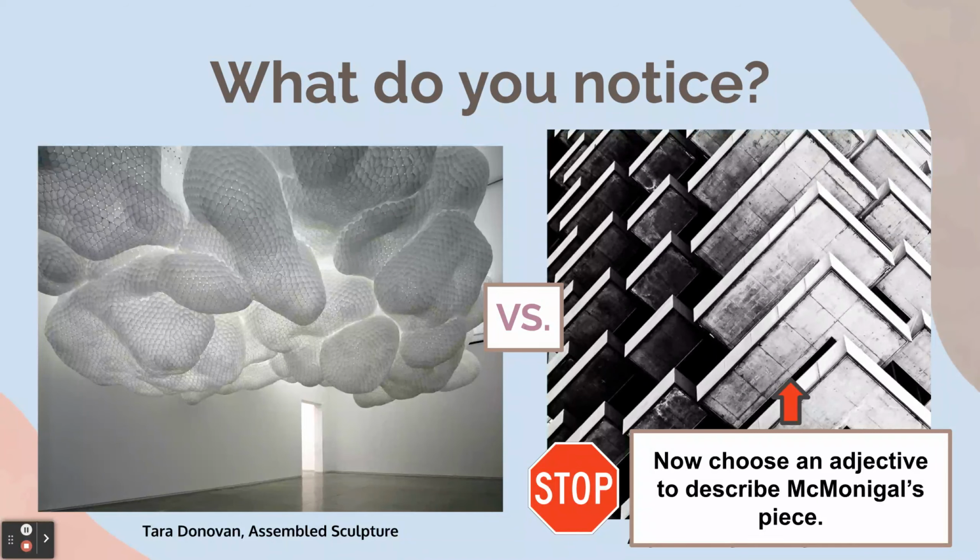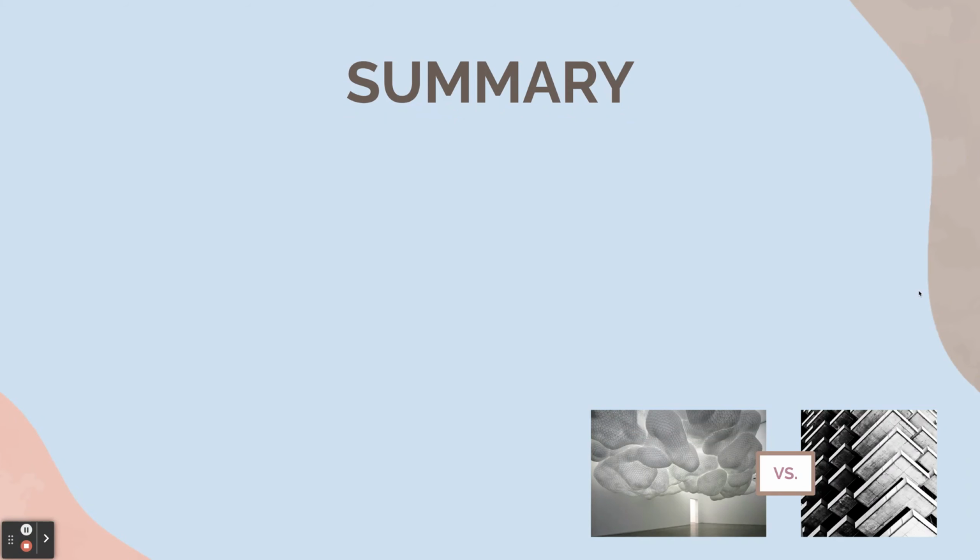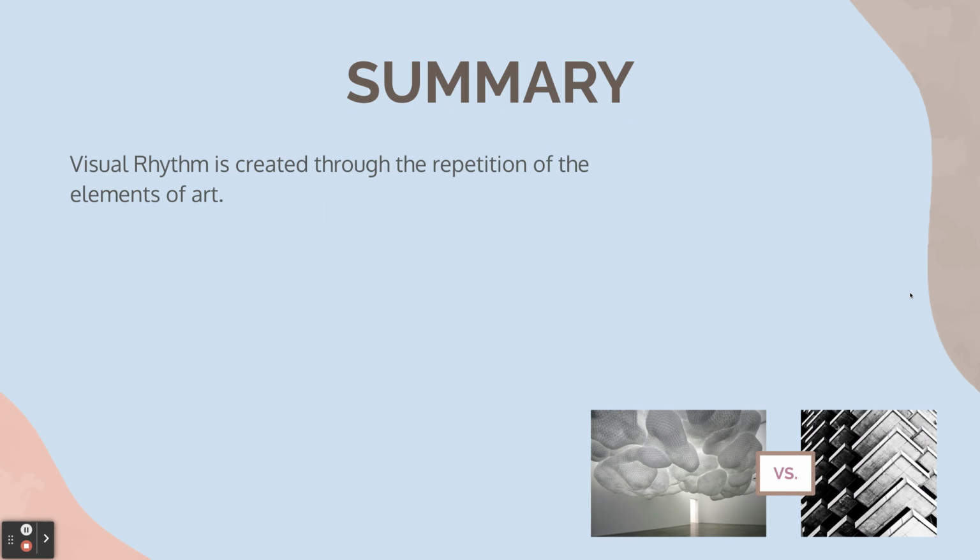Both of these have a lot of similarities, and they're both created through repeating different elements of art, but they're giving off a totally different vibe, right? The decisions that the artists make can control how our eyes move through the piece and how we respond to it and how we feel about it. The one on the left feels a lot more soft, and the one on the right feels a lot more harsh and jagged, right?